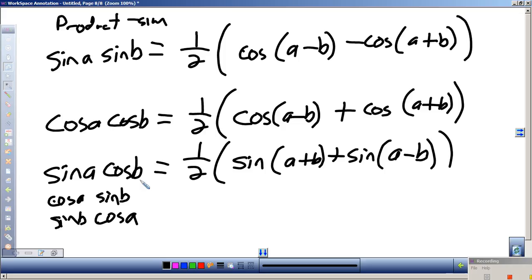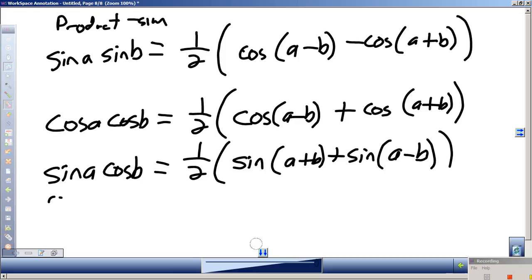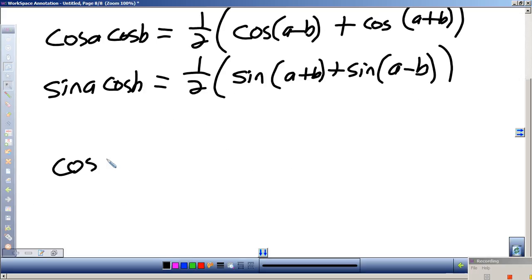Okay, so an example of one of these problems. Let's say cosine of 20 degrees times cosine of 40 degrees.